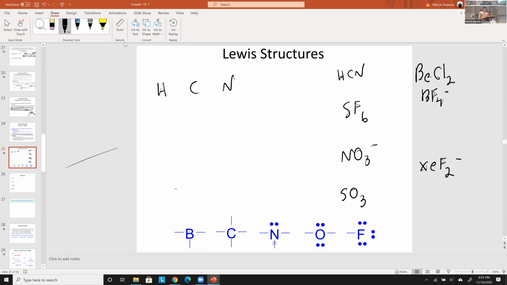Now the bonding, the way the bond works is the first thing you do is calculate how many valence electrons total. That's always a good first step because that's how many dots you have to account for. So how many valence electrons are in HCN? Anybody want to give me the answer?